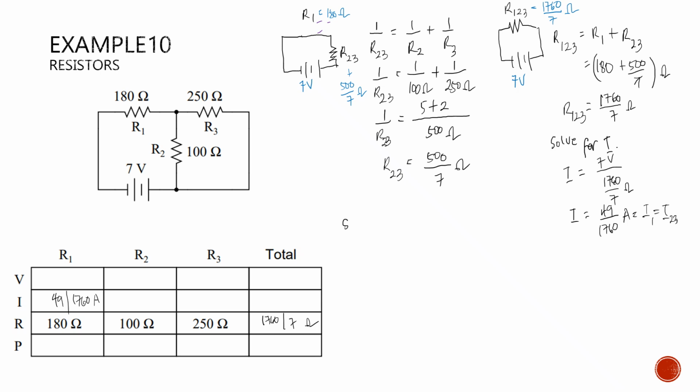so solve for V1. Using Ohm's law, it's I1 times R1. So that's 49 over 1760 amperes times 180 ohms.